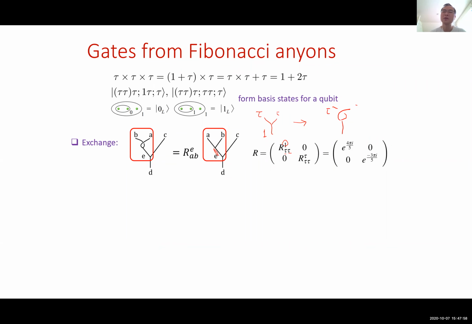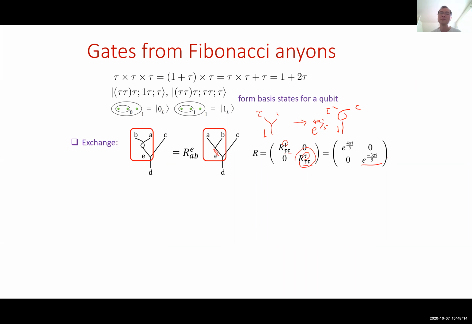So tau and tau fuse, this will be the phase e to the 4 pi i over 5, etc. And this is when it's fused to tau, and you braid these two anyons, that's the phase you will get.